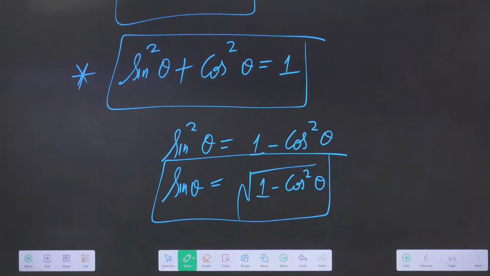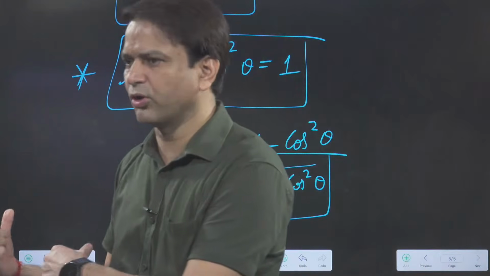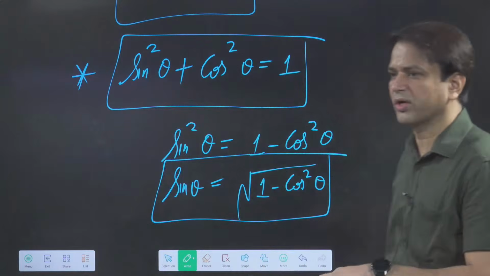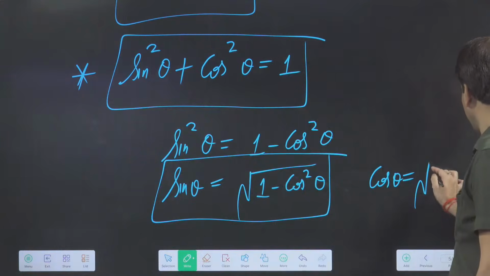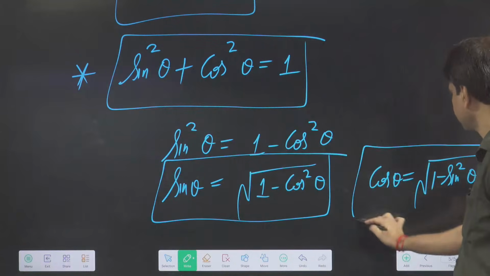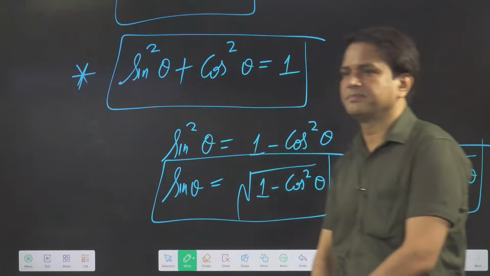So suppose you have the value of cos and you want sine, or you have the sine and you want cos, this formula we can use. Sin theta is equal to under root of 1 minus cos square theta, and cos theta is equal to under root of 1 minus sin square theta. Completed?